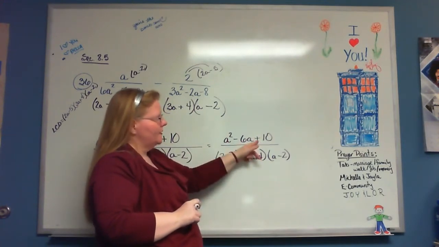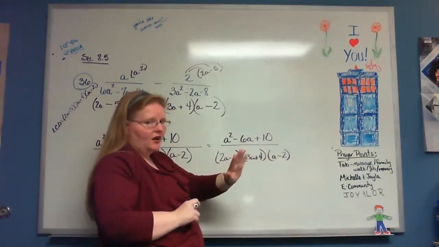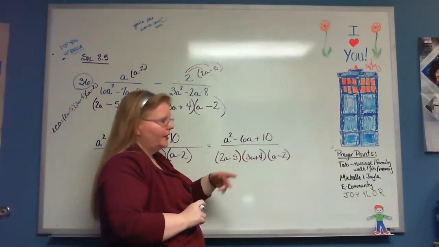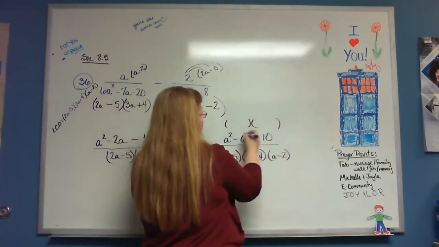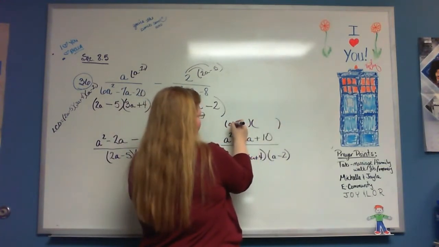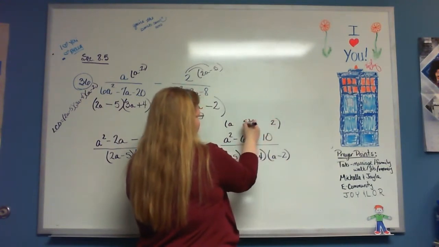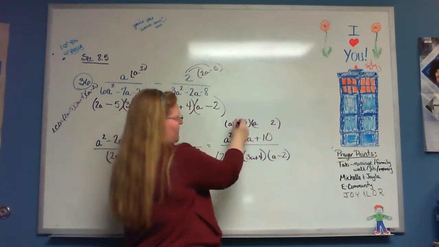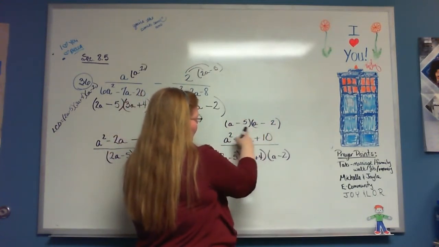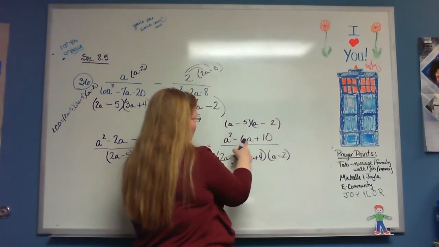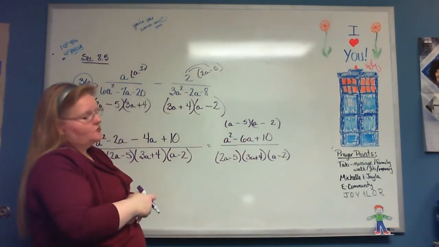Well, the sign in the back is a plus, which means they both have to be negative, so it's possible. Let's see what would happen. Does it factor that way? 2, and it would have to be a 5 if that worked, and a minus and a minus. That would give us the 5a, and that would give us a 2a, which is not a 6a, but a 7a.